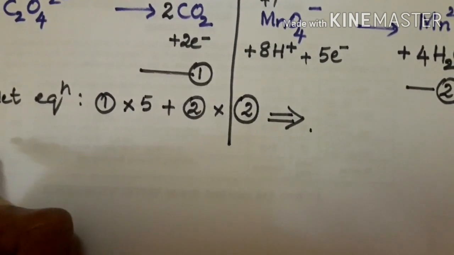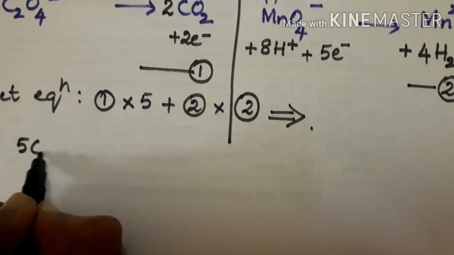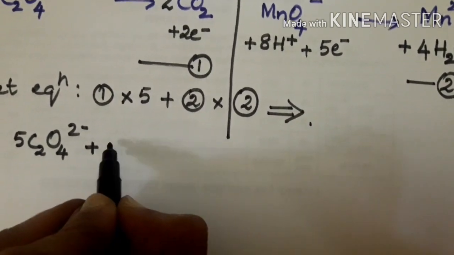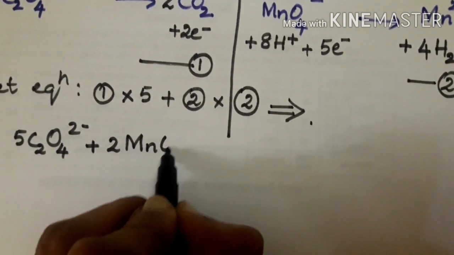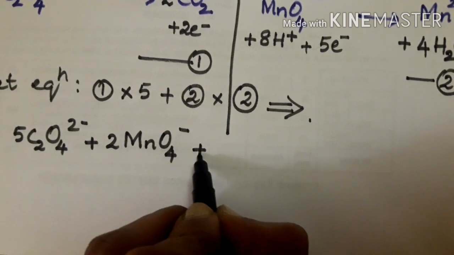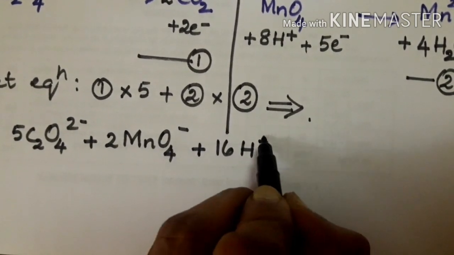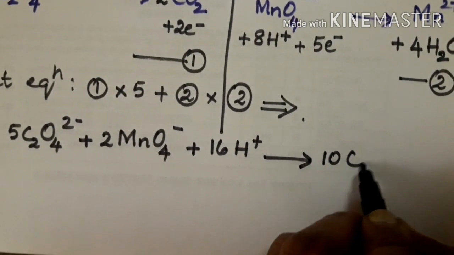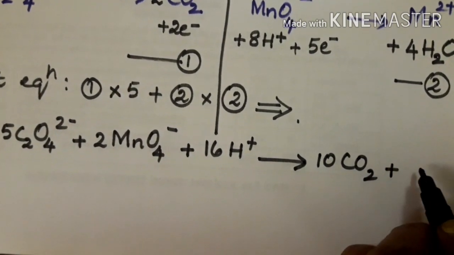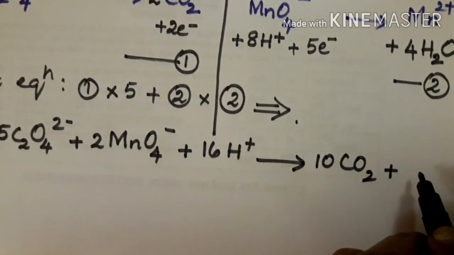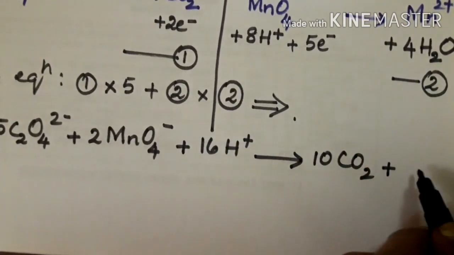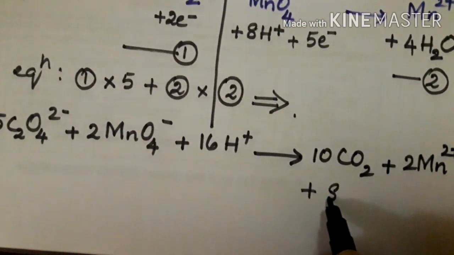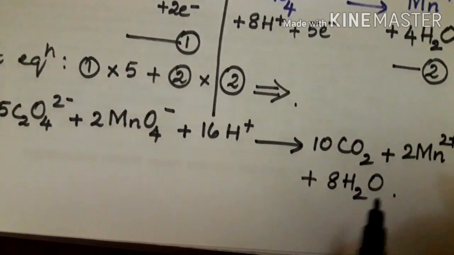You have 5C2O4 2 minus plus 2MnO4 minus plus 16H plus giving 10 CO2 plus 2Mn2 plus plus 8H2O. Hope it is clear.